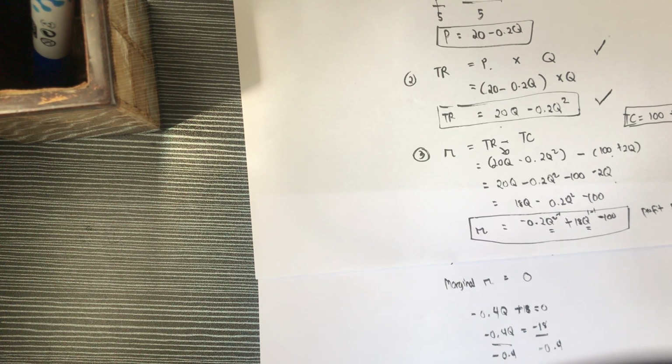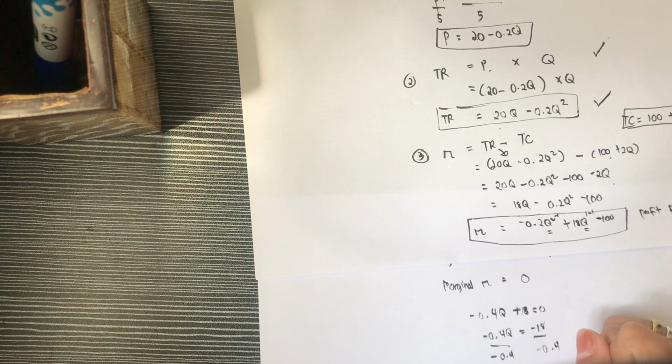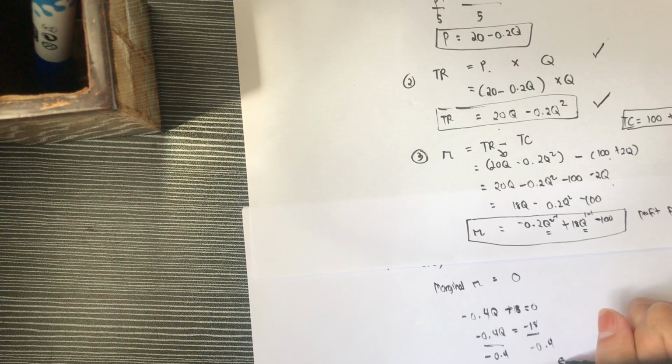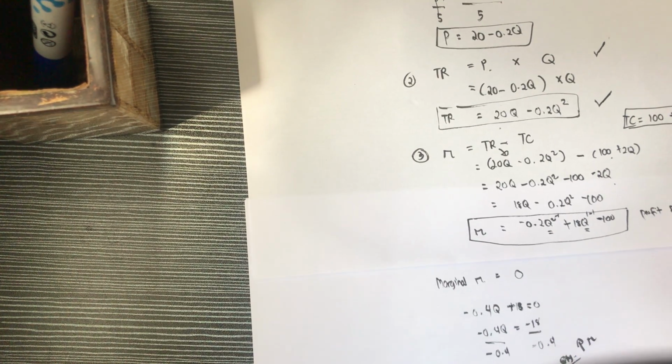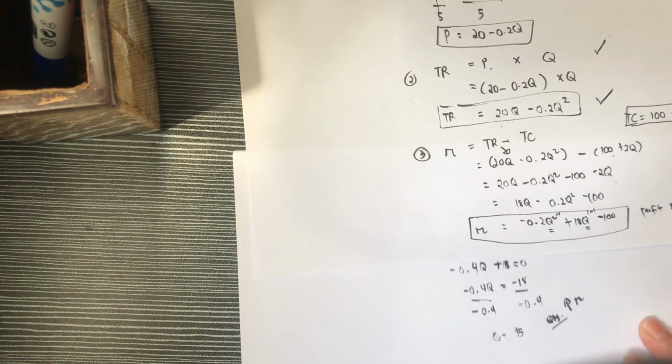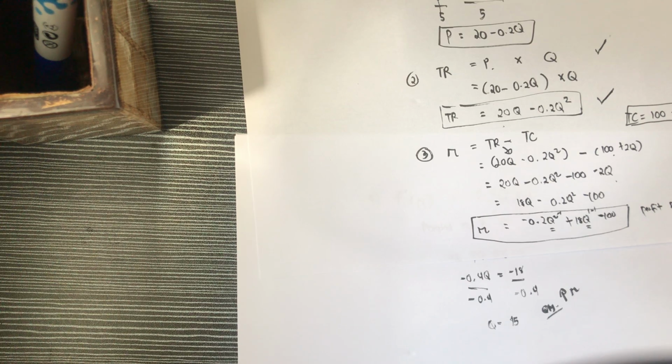Your answer here is q is equal to 45. So what is this? This is the quantity that will give you the highest profit. Sorry, I was not showing it to you. So that's the quantity that's going to give you the highest profit.